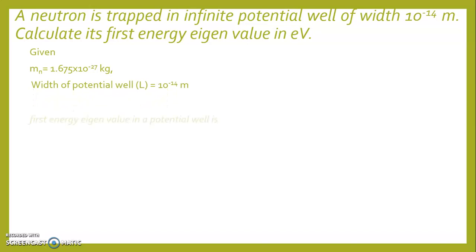Then we have to find the first energy eigenvalue in the potential well. So we know the formula, E1 is equal to n square h square upon 8 m L square. Since it is asked for the first energy eigenvalue, n is equal to 1. Now we'll put the values.